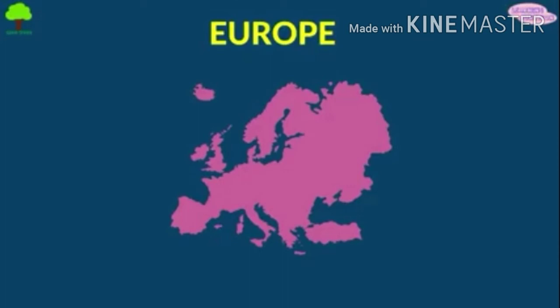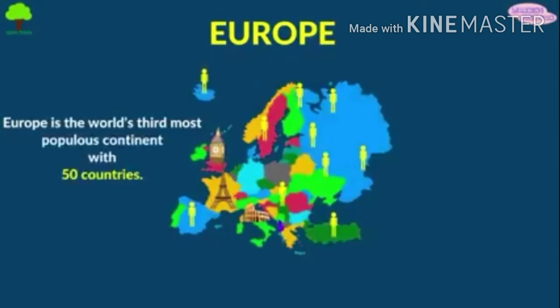Three water bodies in Europe. What are they? Arctic Ocean in the north, Mediterranean Sea on the south and the Atlantic Ocean on the west. The Ural Mountains are found on its east and they divide Europe and Asia. This place is called Eurasia.